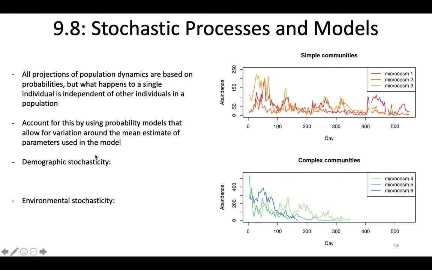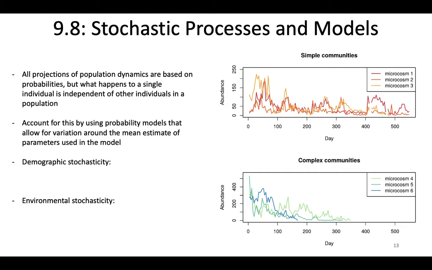Now, you can account for demographic stochasticity, which is variation in birth rates and death rates that occur in populations from year to year, just based on sampling error or stochasticity. So demographic stochasticity is variations in birth rates and death rates. It's obviously not going to be the same every year. And then environmental stochasticity is variations in climate that can directly influence birth and death rates within a population.